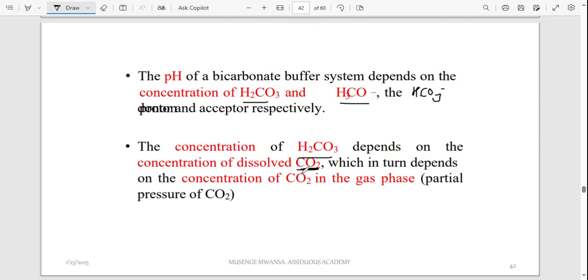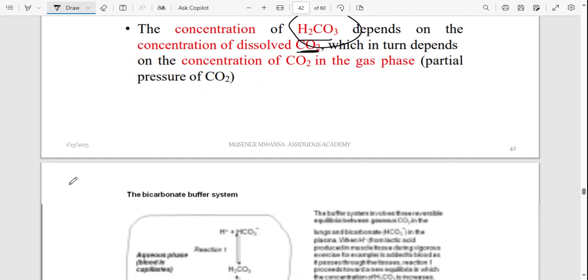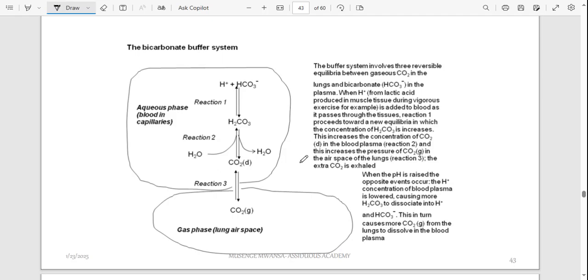Remember, when you have a lot of carbon dioxide, it will react with water to form more carbonic acid, so its concentration depends on that. And I've already talked about what is happening here. The carbonic acid can be produced by the reaction of carbon dioxide with water, and then it can break down into hydrogen and bicarbonate.